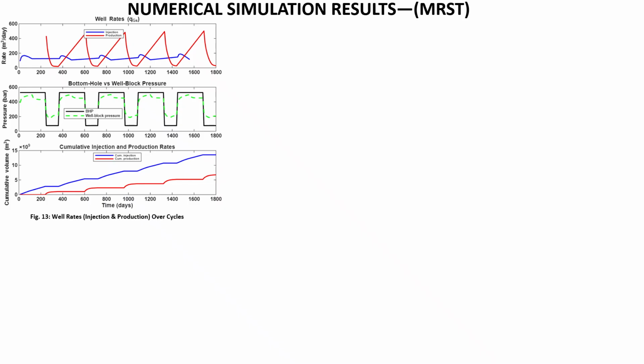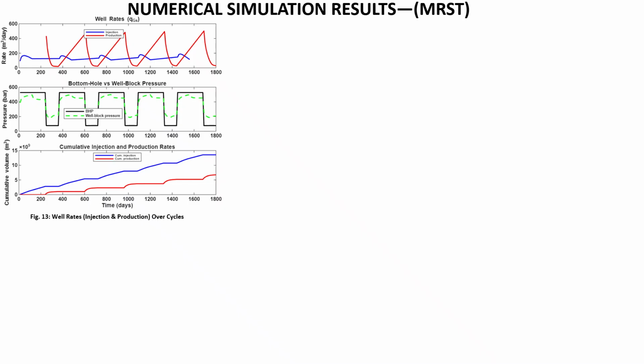The blue curve represents injection and the red curve represents production, where you can see clearly the repeated pattern: injection gives a gradual rate increase, while production gives a sharp negative rate response, which you can see in this sinusoidal form. This confirms that the well is responding exactly to the BHP, the bottom hole pressure schedule we imposed.